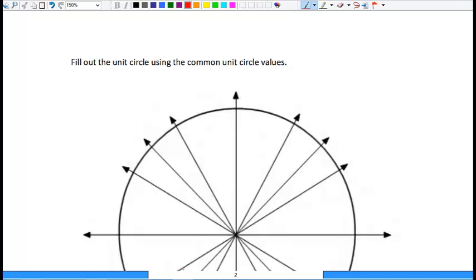So at this point, I would say pause the video, see how far you can get, what you can fill in as far as sine, cosine, and tangent, and then all the angle values. Again, from memory, you need to know the first quadrant, but everything else you should be able to deduce based on what you recall. And then I'll put up a completed example in a second.